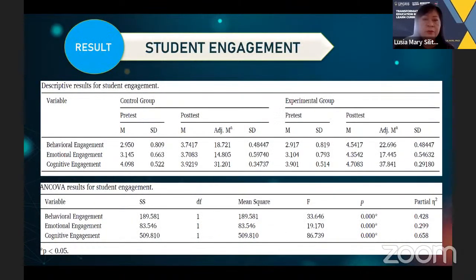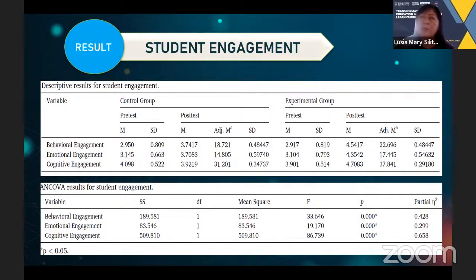And this is the result of our study. The result can be seen from two tables, showing that we use ANCOVA, so before and after the group. You can see here the results are significant.